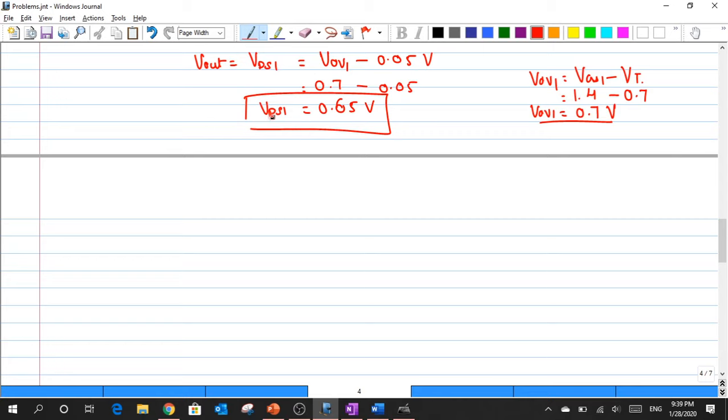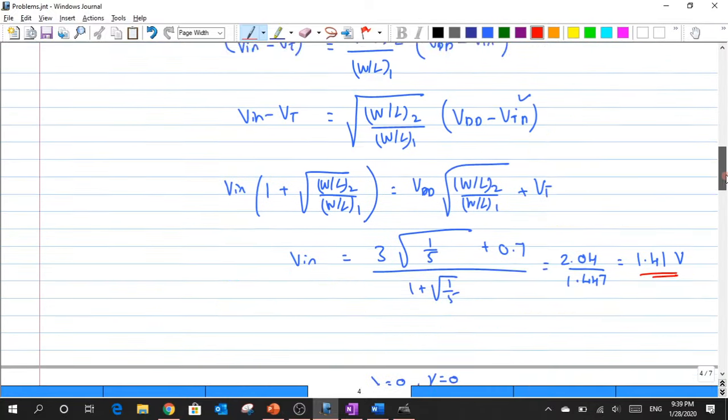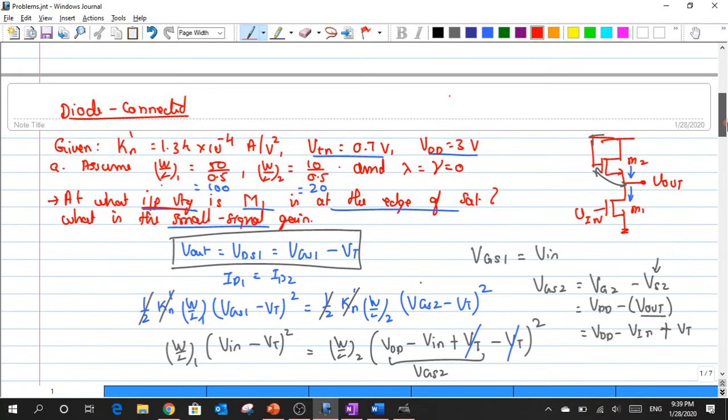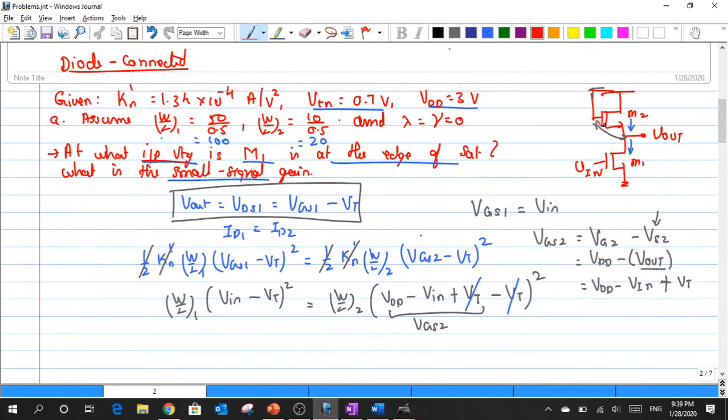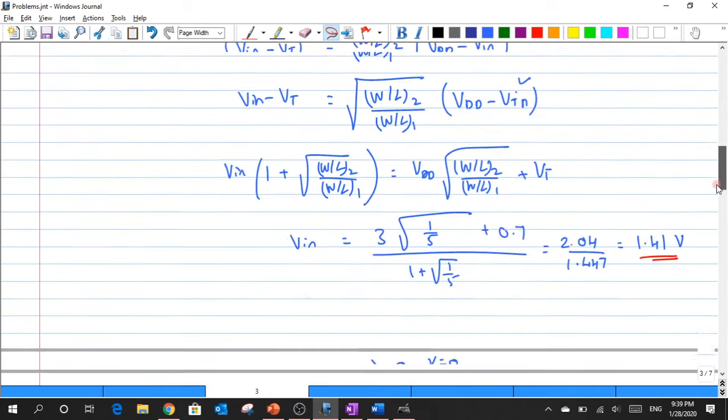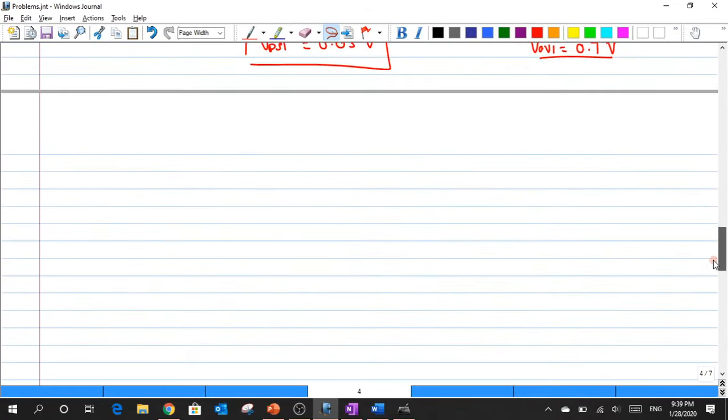So now my transistor M1 is in the linear region, but M2 is in which region? I guess you know that whenever we have a diode connected configuration, the transistor can operate only in two different regions.